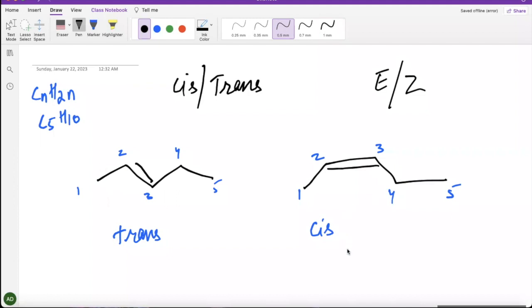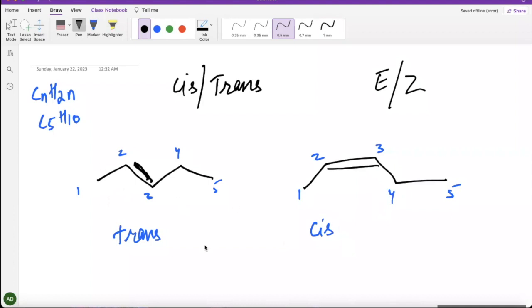Because we are interested in the carbons which are connected to the double bond. Okay, we are not worried about where this carbon is going. We're worried about this carbon and we're worried about this carbon number 1. So carbon number 4 and carbon number 1, same thing, because those are the 2 carbons that are directly attached to the double bond.